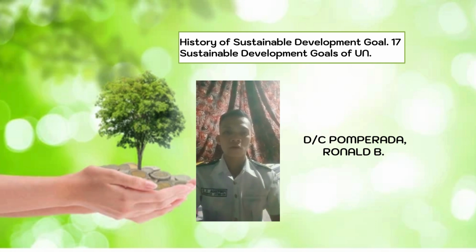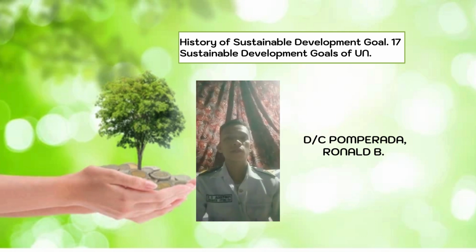In 1992, the Rio Earth Summit, the United Nations Conference on Environment and Development, agreed on Agenda 21, a blueprint for sustainable development. In 2000, the Millennium Development Goals, MDGs, eight goals to address poverty, hunger, and disease, from 2000 to 2015. In 2012, the Rio+20 Conference mandated the development of SDGs. In 2015, the Sustainable Development Summit adopted the 17 SDGs, for 2015 to 2030.